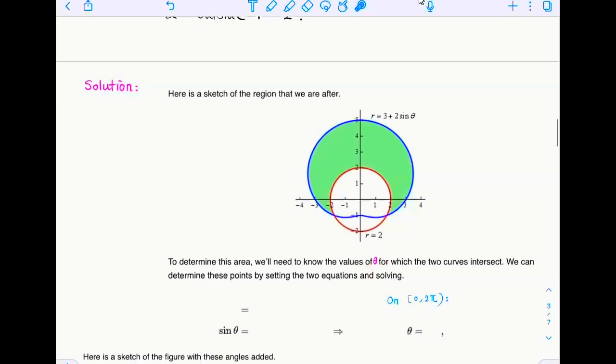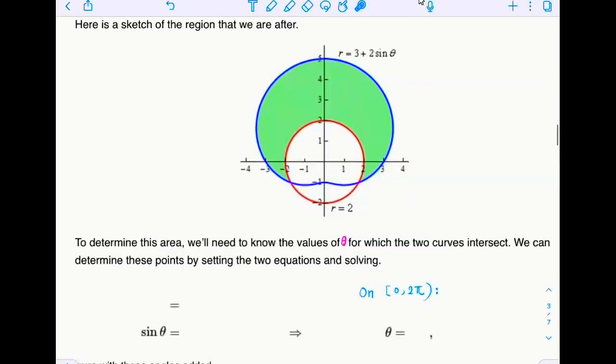Can someone tell me? r1 equals r2. Yes, you said to set the two equal. So we solve these two polar equations together. We set this equal to this.